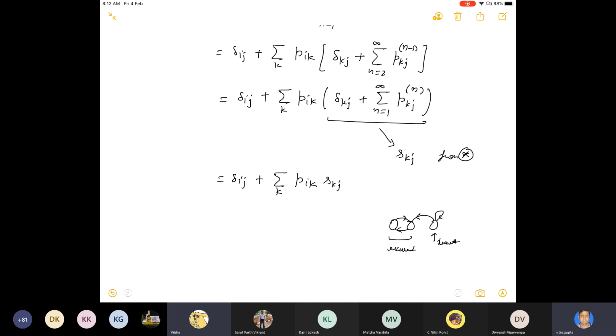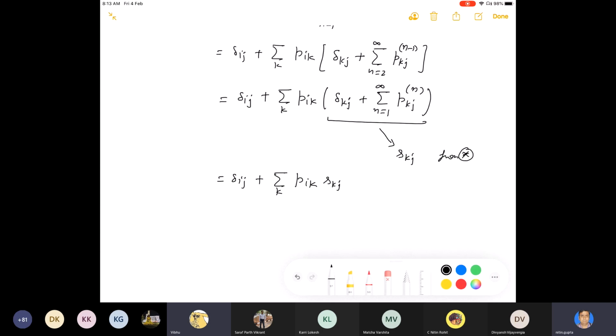Now, from a recurrent state, we cannot go to transient state. If we allow that thing to happen, then transient state also become recurrent. So therefore, it is impossible from going from recurrent state to transient state.